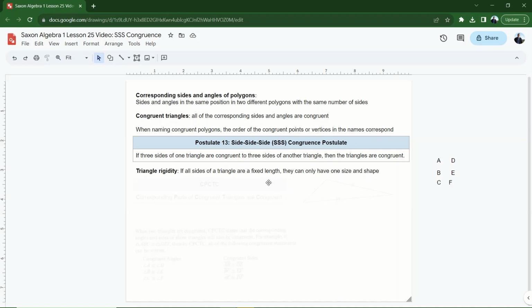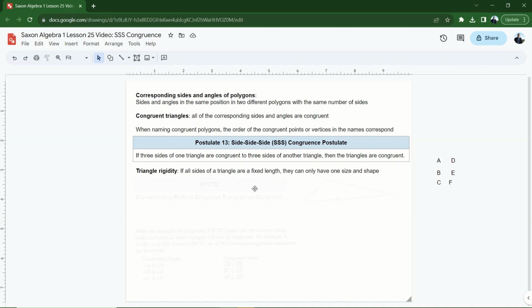If I gave you all of the side lengths in a parallelogram, you could still change the shape of the parallelogram by just tilting it more, bringing the top line closer to the bottom line as you tilt the parallelogram sideways. You could change the shape of the parallelogram while maintaining the side lengths. You can't do that with a triangle. We're going to be looking at an example of that in just a second.